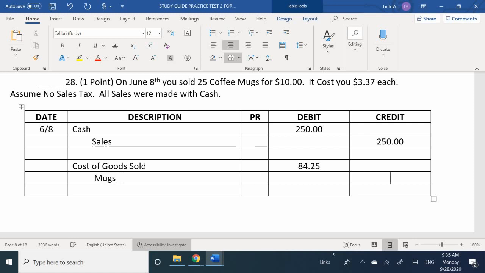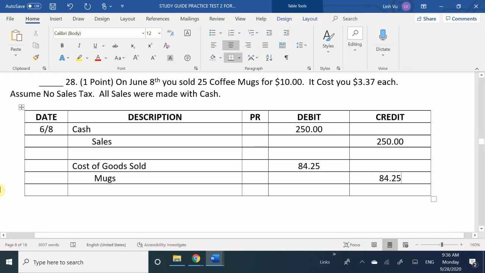And it's going to be for $84.25. Okay, good. And then we're also going to be updating our inventory worksheet, and that's actually where we solve for the cost of goods sold to begin with, and then we go update it afterwards.